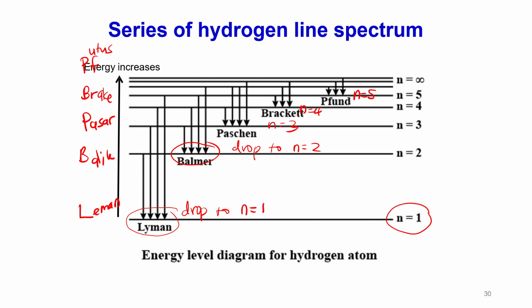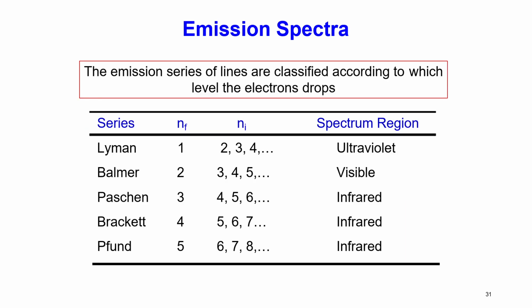Then we can use this formula to calculate the wavelength. To calculate the wavelength, for different series we will have different initial orbits.